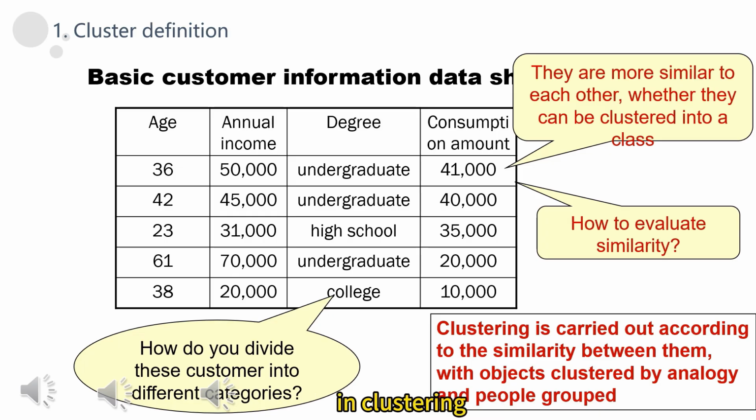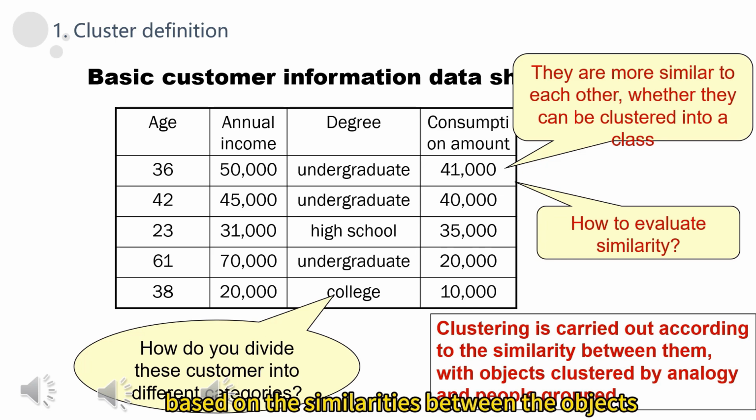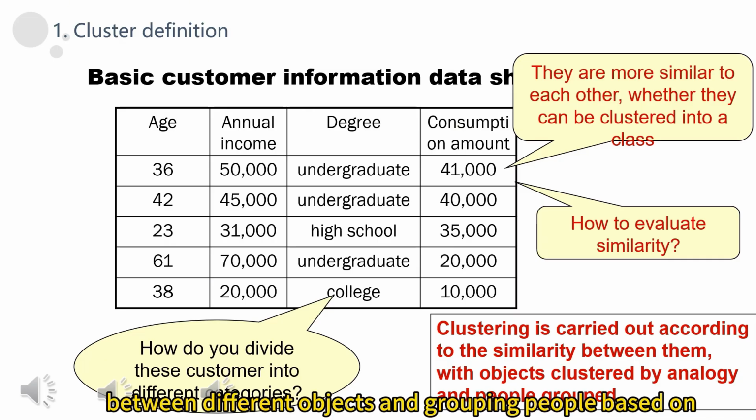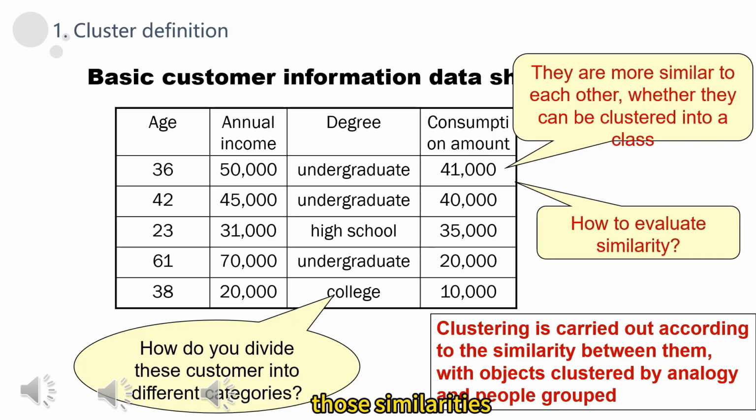In clustering, we analyze the data based on the similarities between the objects. We look for patterns or resemblance among the samples and group them accordingly. It's like finding analogies or similarities between different objects and grouping people based on those similarities.